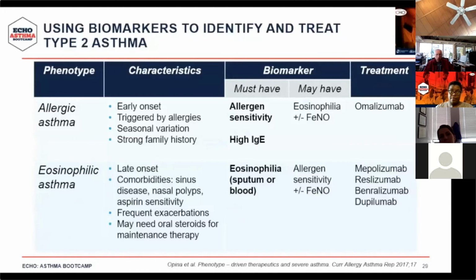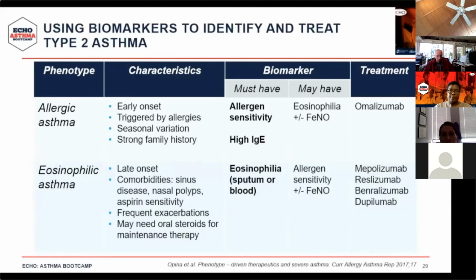So once we have a phenotype and a biomarker, how do we put it together to identify treatments for our patients? So for patients with allergic phenotypes, these are patients who, again, to review from the last session, are early onset. They may develop asthma as a child or as a teen. They're often triggered by allergies, have a seasonal variation to their symptoms, and have a strong family history.